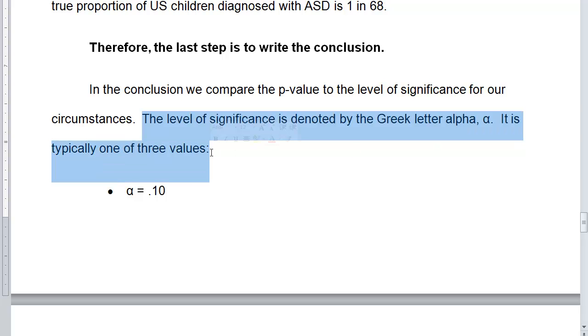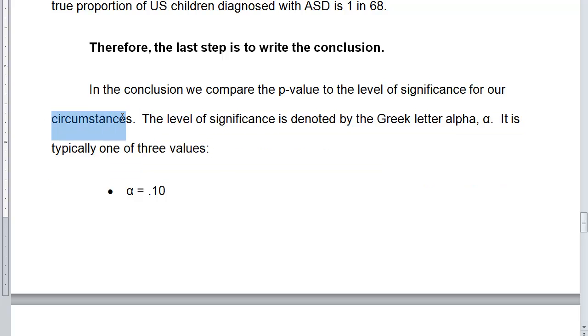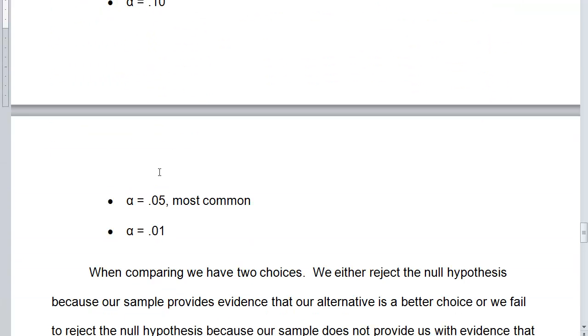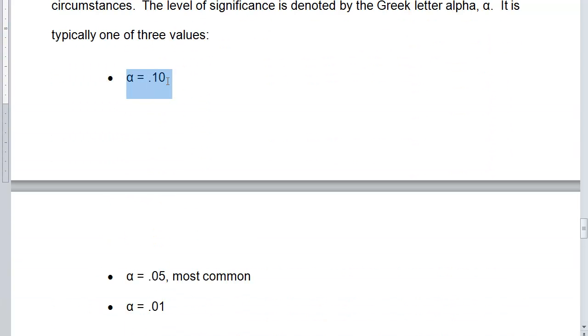Based upon circumstances, I may choose to have an alpha of 0.10. I saw this a lot in my early educational career. In my current studies, I actually see it less often, and I'm kind of grappling with why.